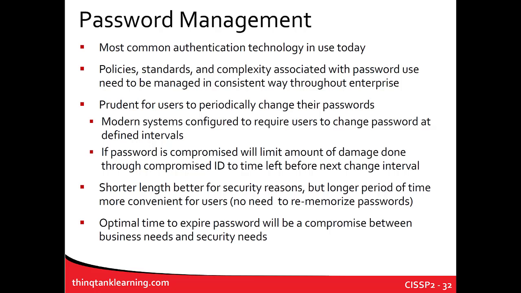Inconsistent enforcement, if you're not enforcing strong complexity rules on your internal systems and you have weak rules, but maybe you use strong rules in the cloud or something like that, that obviously introduces exploitable weaknesses in the enterprise. Centralized identity management, Active Directory, cloud-based identity and access management solutions are what we're going to use to ensure consistent enforcement of password policy, which includes password length, character requirements, reuse restrictions, and so on.